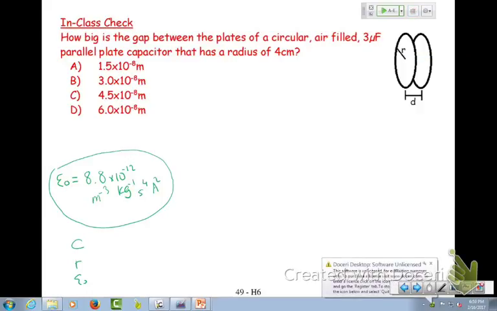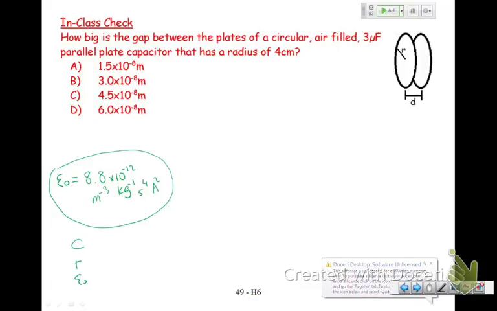So my visualization, I kind of cheated and used the diagram over here. You might not be given a diagram, but basically, there's my radius, here's my separation. So the area is the cross-sectional area of the gap in between. And we know that C is equal to, and I like to work in SI units, so it's got to be 3 times 10 to the minus 6 farads.